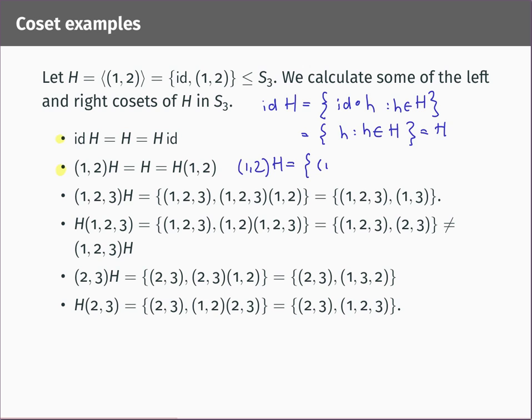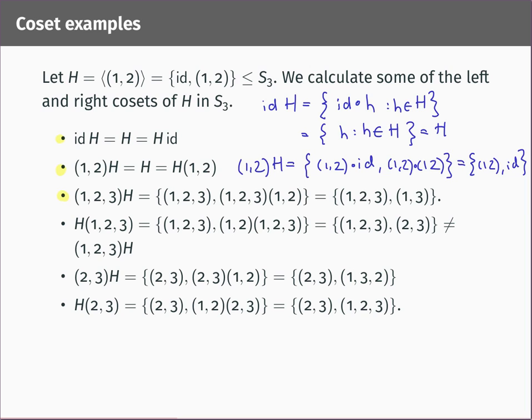So this should consist of (1 2) times the identity and (1 2) times (1 2). But of course, what you've got there is just (1 2) and the identity, and that is H again. So the left coset of H by (1 2) is H again, and similarly the right coset of H by (1 2) is H again.